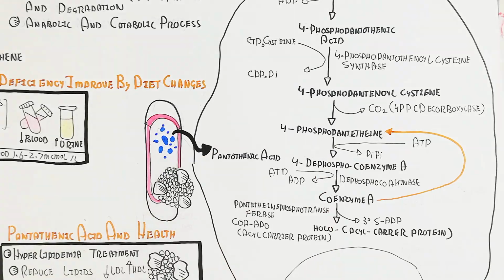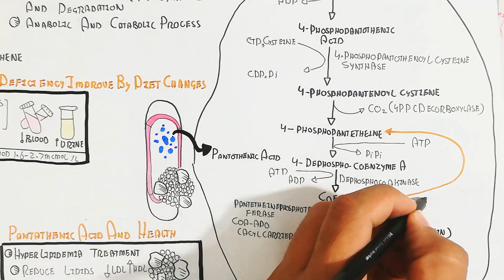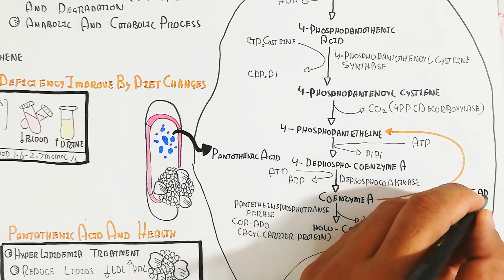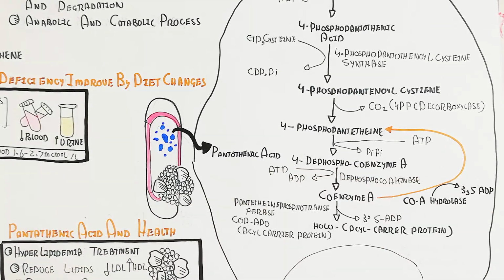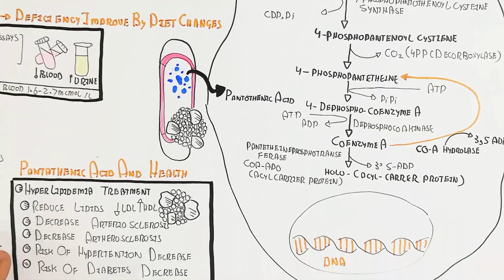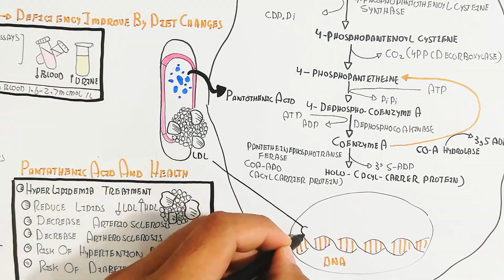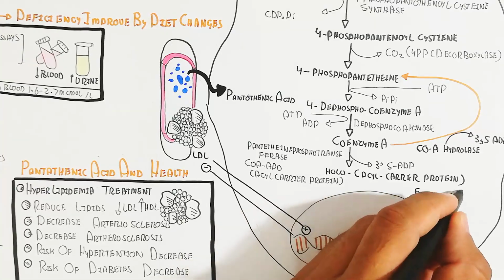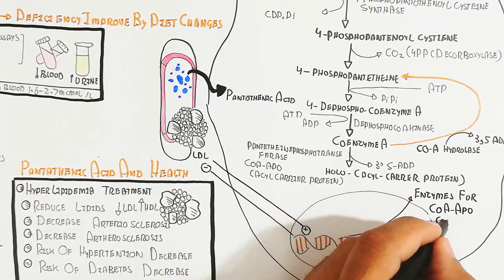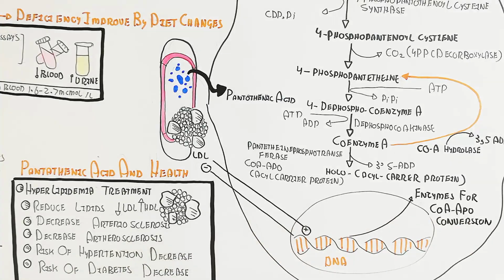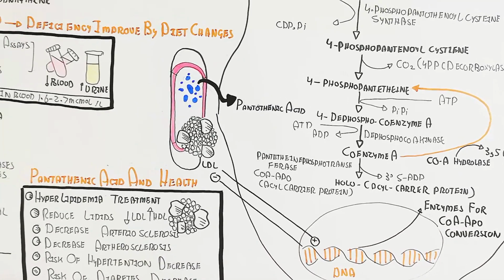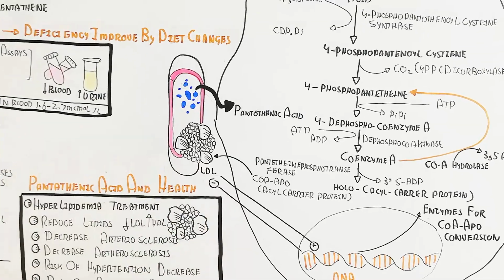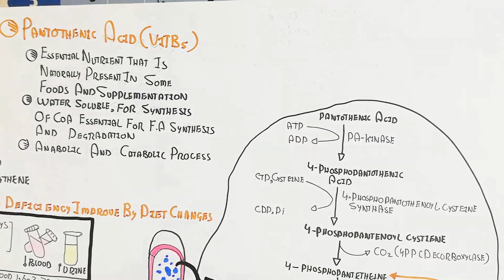Here you can see the CoA hydrolase enzyme used to produce 3',5'-ADP. So the LDL triggers the enzyme for CoA and apo conversion, and that enzyme is used for the conversion from pantothenic acid to the holo acyl carrier protein. It is used for LDL to apo.